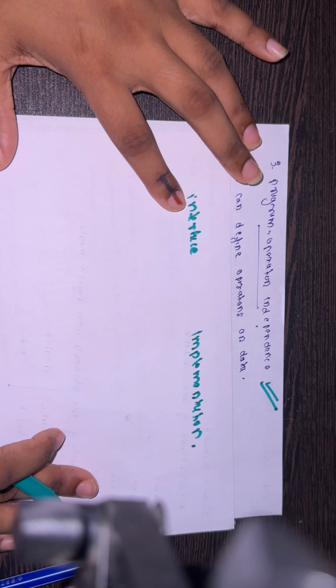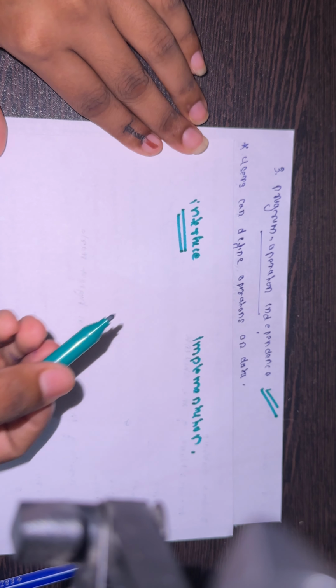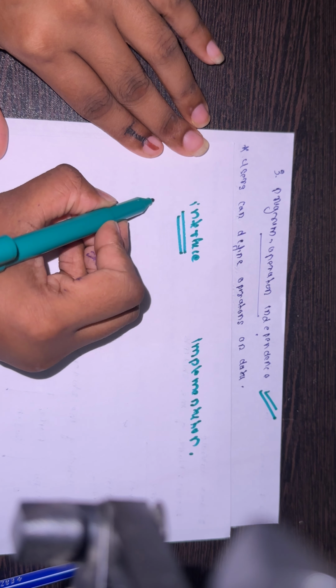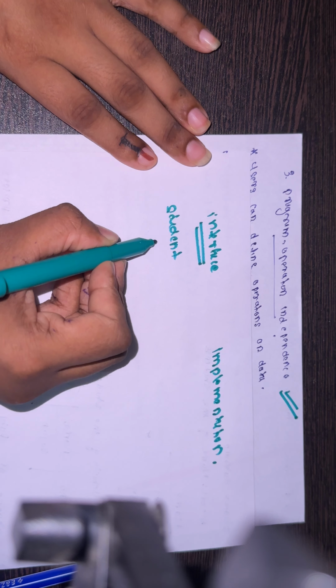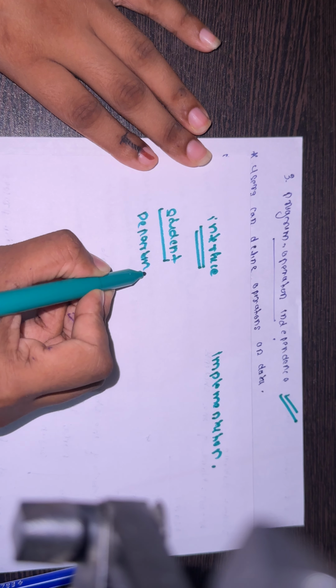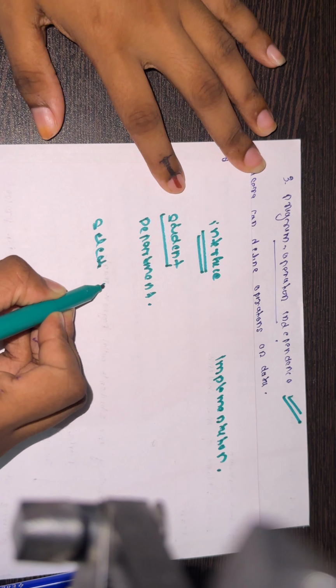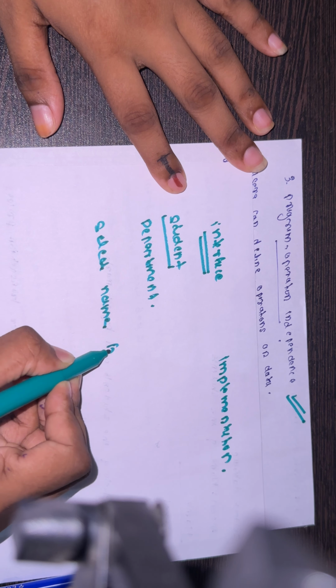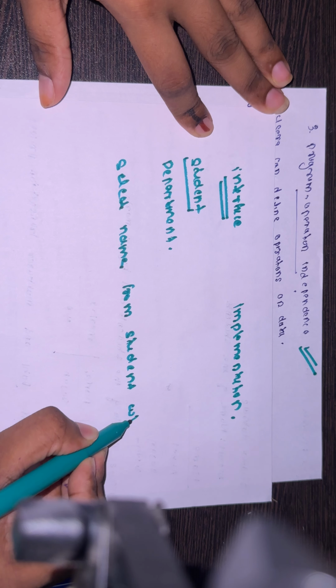If I'm talking about the interface, in the interface case, I am writing a query. I'm considering the student database, where there are two tables, let us say student and department. And I'm writing a query: select name from student where salary is greater than 50,000.